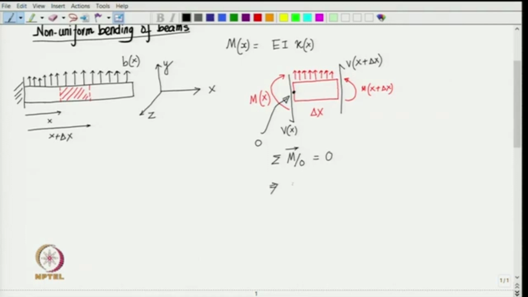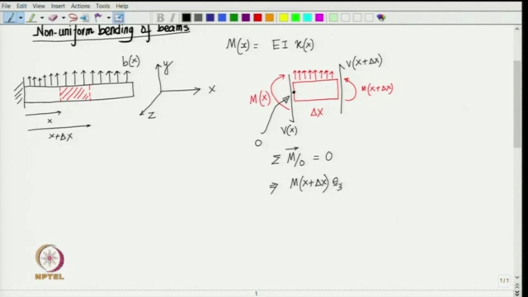So, we have M of x plus delta x, which is along the z direction, so it comes with positive E3.